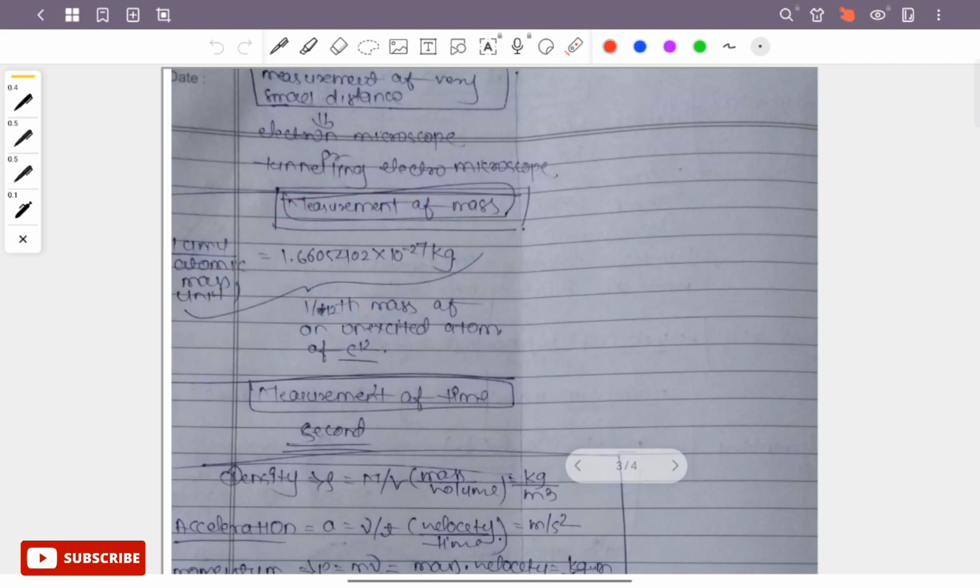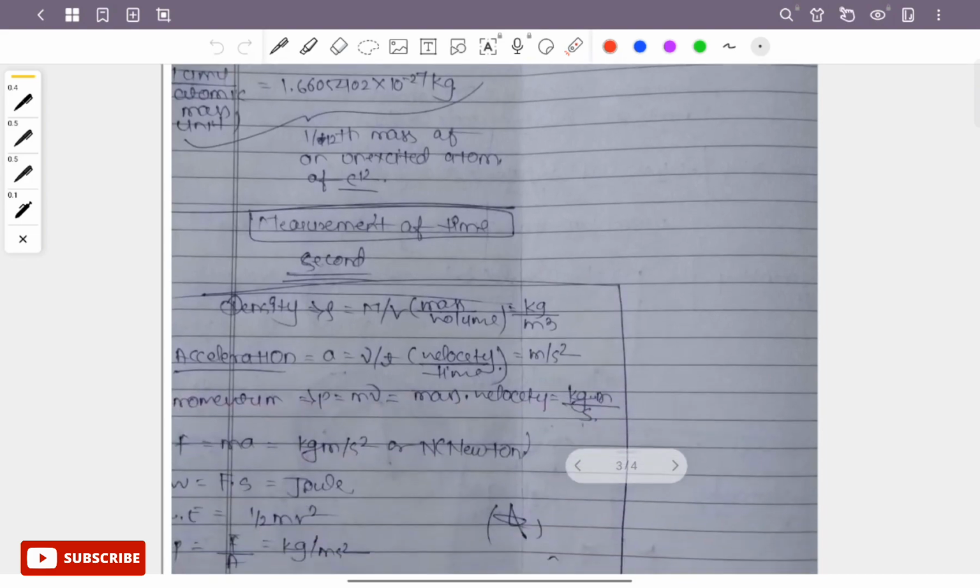As we all know, there are different isotopes for different atoms. So this is C12, and this value is the 1/12th mass of C12. The measurement of time is the second.